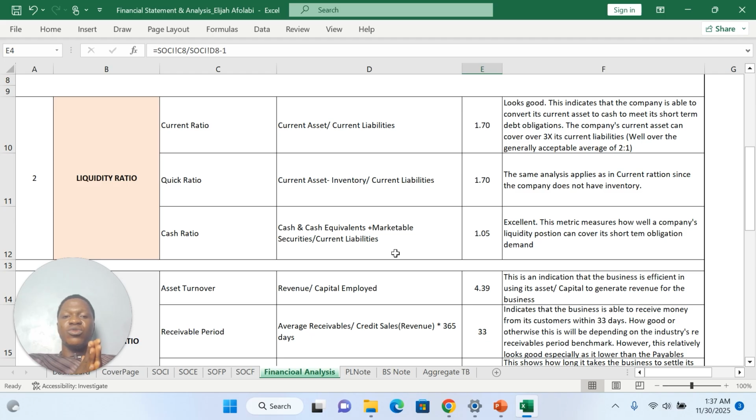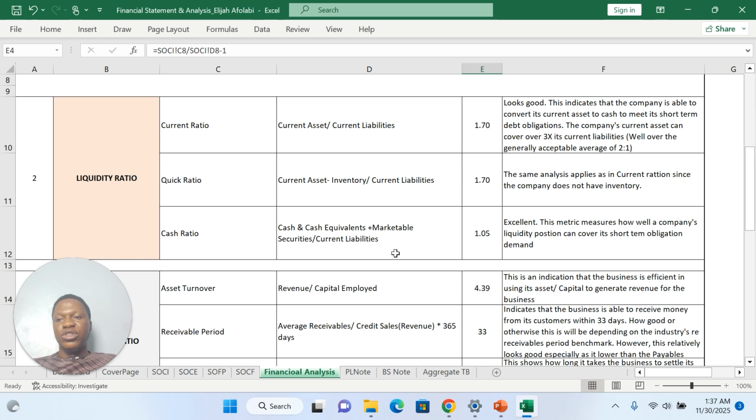And from Ailey Finance, what we have is 1.70, which still makes sense, because that is telling us that if you sell all our assets apart from inventory, we'll be able to pay all our current liabilities and still have 0.70 left in cash, which means the business is fine. You are able to meet your short-term obligations, which is what liquidity ratio is all about.